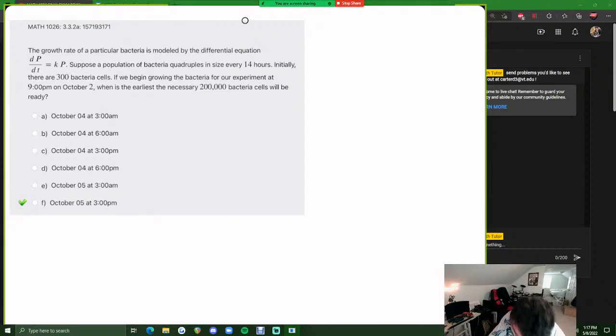Let's jump into it. The growth rate of a particular bacteria is modeled by this differential equation, and they tell us some information. The nice thing about this differential equation, k times p, is that anytime you see this, we already know the solution will be p equals c e to the k times t.